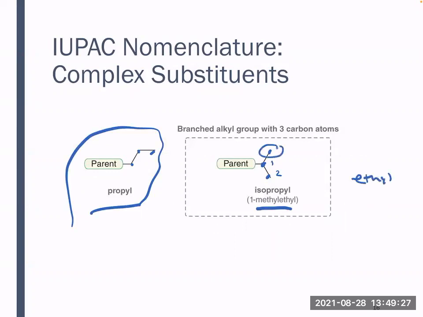And then there's a methyl group off that first carbon. So that's the 1-methyl. But IUPAC has another name for this, and that's isopropyl. So we would also call this isopropyl group. So again, I still have 3 carbons, but the parent chain is attached to the second carbon in the chain. Both of these names are equally valid, though isopropyl is definitely going to be the much more common name.